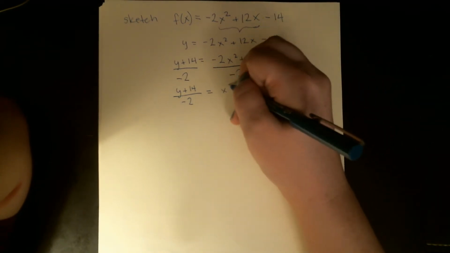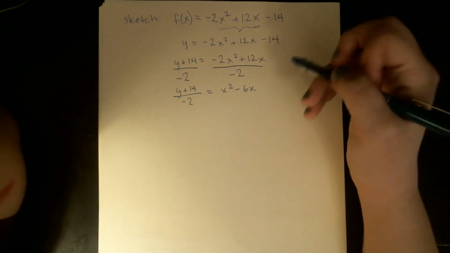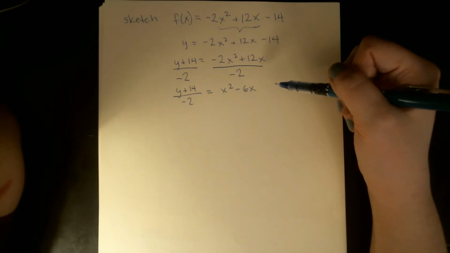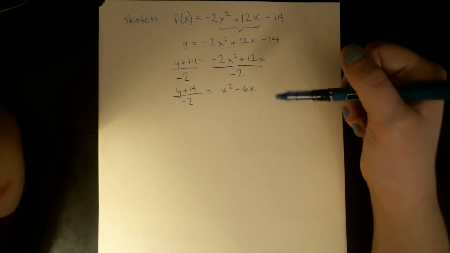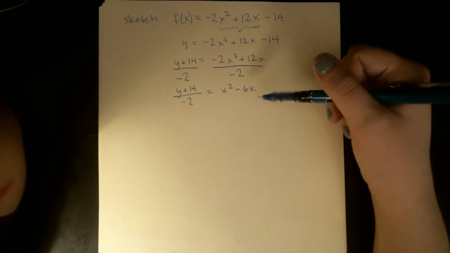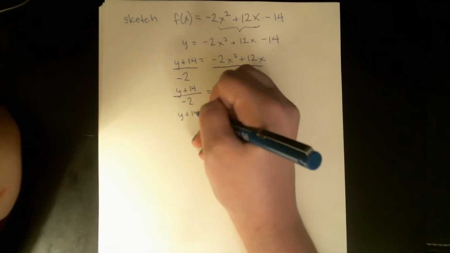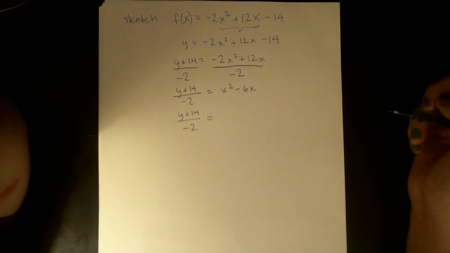So I'm going to end up with an x squared minus 6x. Okay, and again, this was all just set up. This was just me manipulating the right-hand side until it gets to a point where it's easy to try to identify the number that turns this into a perfect square trinomial. So I've got a little bit of a mess on the left, and I don't care. I'll deal with that mess after I make my perfect square.